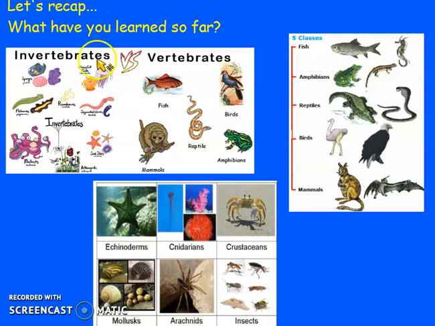We then talked about how we can organise invertebrates and vertebrates into even smaller categories, and how we can use classification keys and webs to group and organise animals based on certain features such as their diet, what they look like, or their habitat. We've done some great learning so far.